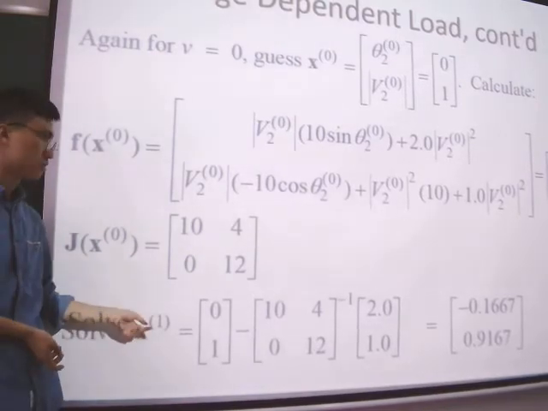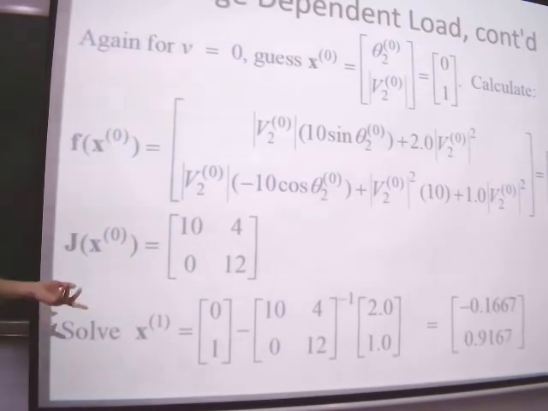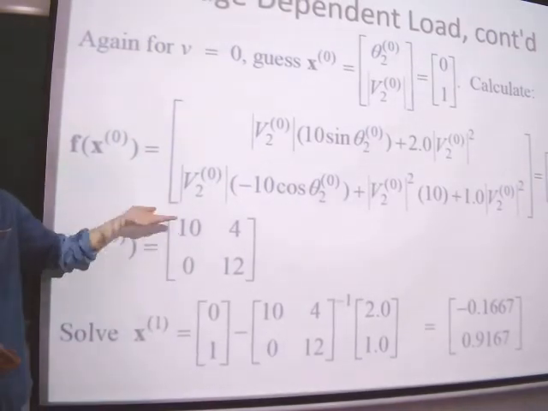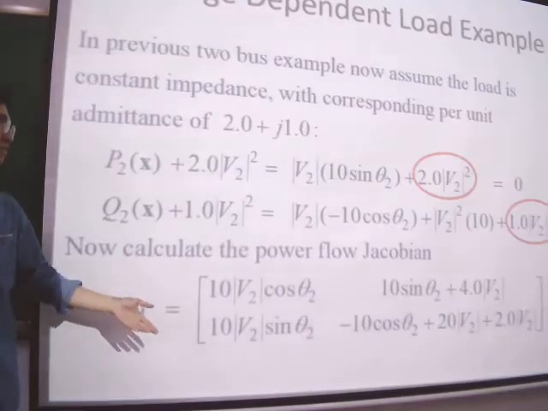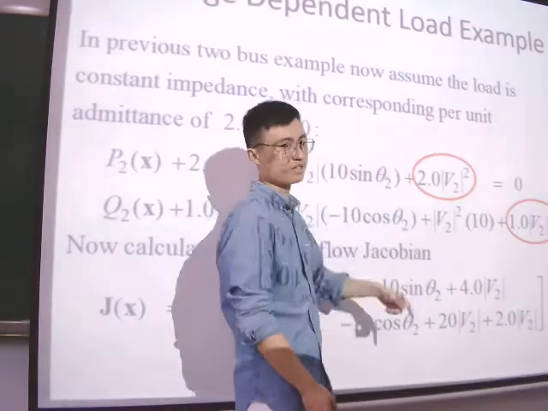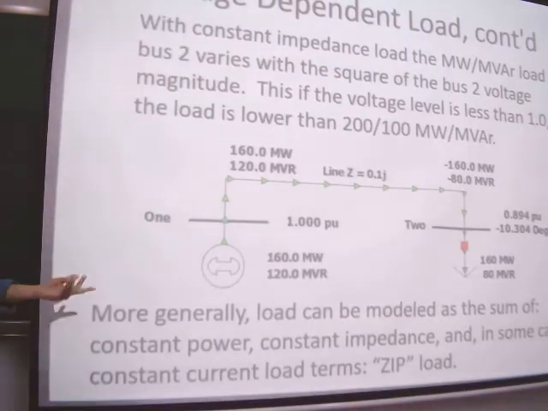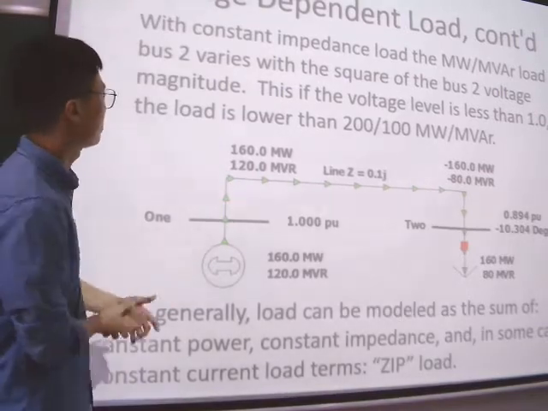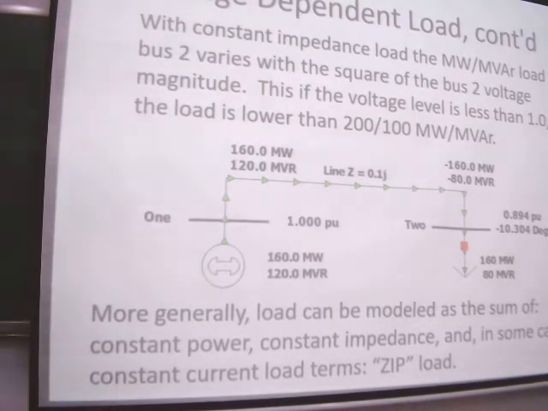So x1 is equal to this. However, it is actually the identical method, except for only two extra terms here. So in the same way, we can also calculate this voltage dependent node.